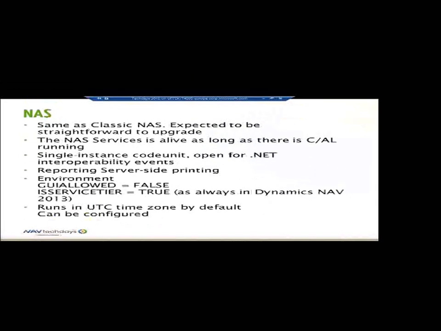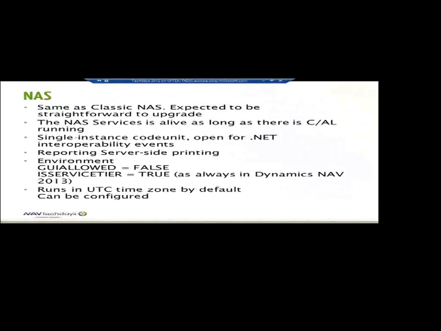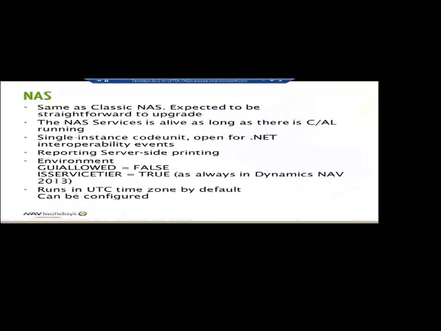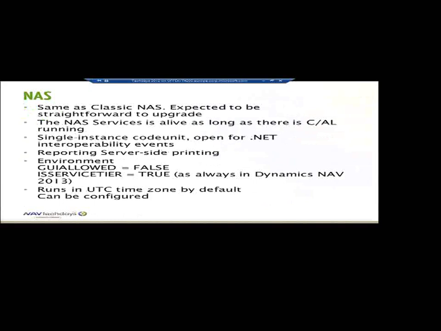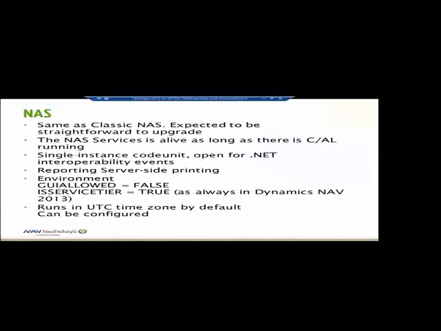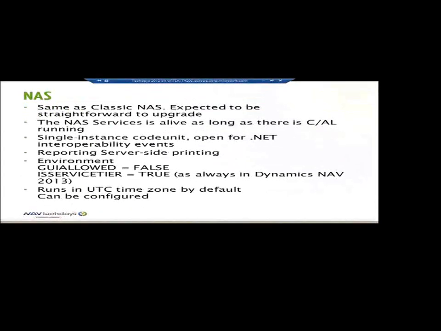You might actually comment that it's the same as before. With the old NAS, we had a special codeunit 1 trigger, right? And then you could pass on some parameters. You can do the same here. If you remember the screenshot from before where you saw how to configure the NAS part, you could configure codeunit 1 and then give the parameters you're used to.